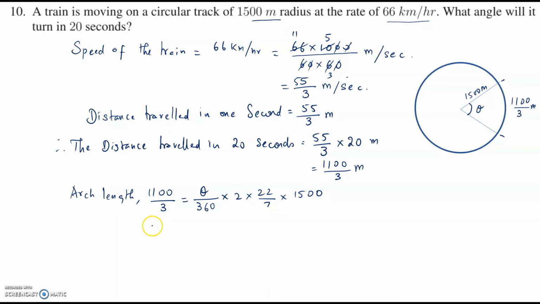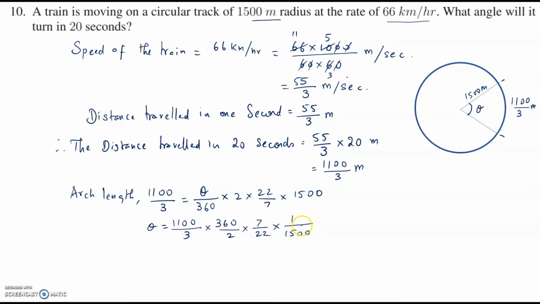Let's rearrange this with theta on the left hand side. So if it's theta here, then your right hand side will become 1100 divided by 3 times whatever is here in the denominator will go to the numerator on the other side. So this will be into 360 divided by this 2 into 7 by 22 into 1 by 1500.